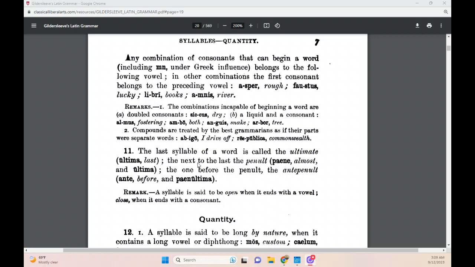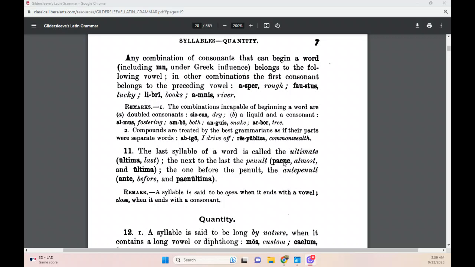The next to last, the second to last, is called the penult. That's a strange word, but you'll see what it means in just a second. The penult. So the second to last syllable is called the penult. It's called penult because we know ultima means last. Ultima means last. That's where the second part of the word comes from.